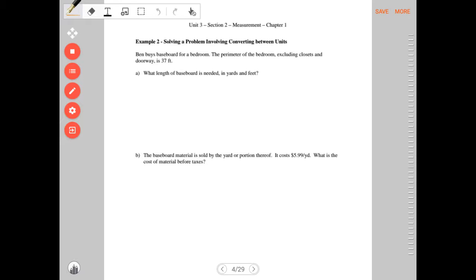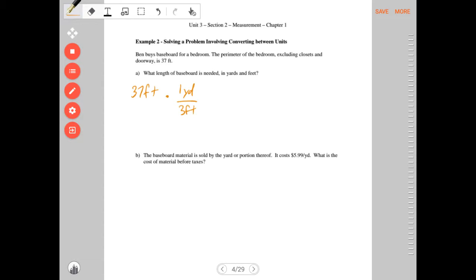Okay, so how we're going to do this is we just take our 37 feet, and we're going to multiply that by 1 yard is 3 feet.